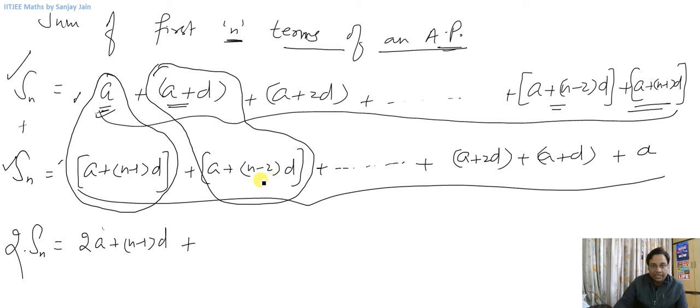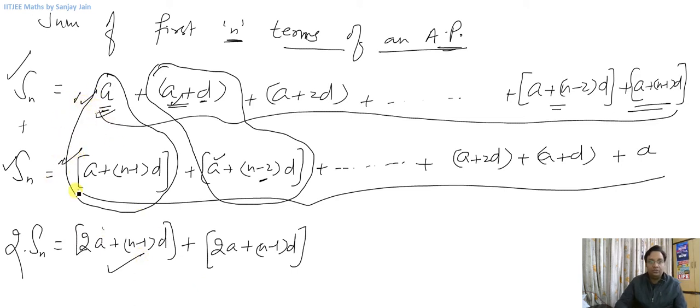Here you have got (n minus 2)d, and if you add 1d here, it will be (n minus 1)d, right? So 2a plus (n minus 1)d, right, which is nothing but the same sum that we got by adding the first terms of these two series. This also gave us the same result.